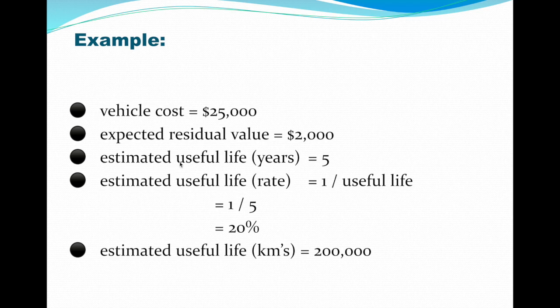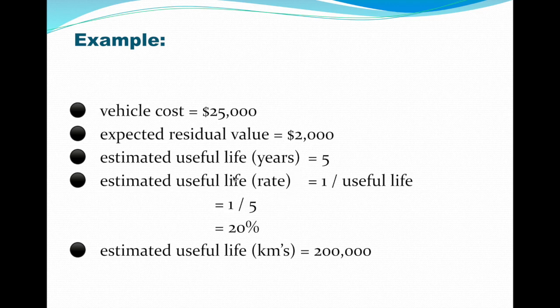Now, the estimated useful life of the asset is how long you can actually use it for. Again, this is an estimation. Now, it's very common to translate your useful life into a useful rate. And this converts the useful life into a percentage that is applied to the vehicle cost every year. Not just vehicles, but in this case, we're looking at a vehicle.